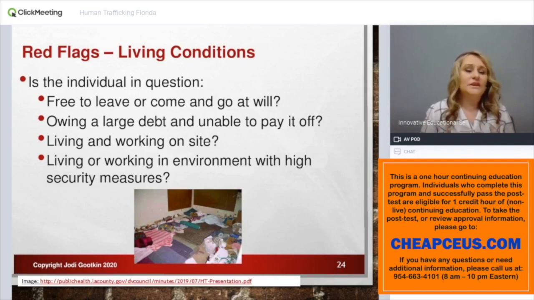If someone's coming in with injuries related to hypothermia or hyperthermia that don't really fit with the environment that you're in, as well as other types of infections from living in poor hygiene areas, we want to be aware that maybe that's a potential red flag.